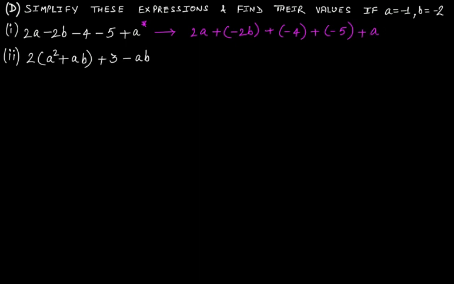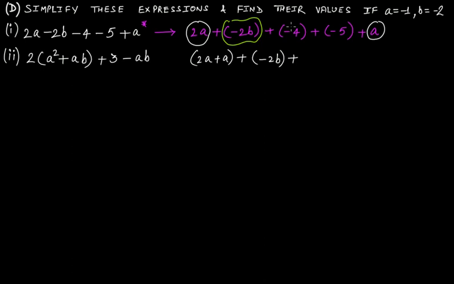Okay, now if you look at this term and this term, these are two like terms, so add them up, 2a plus a. Then plus, if you look at this term, minus 2b, it's actually alone in this expression, it doesn't have any like term. So this becomes simply minus 2b.